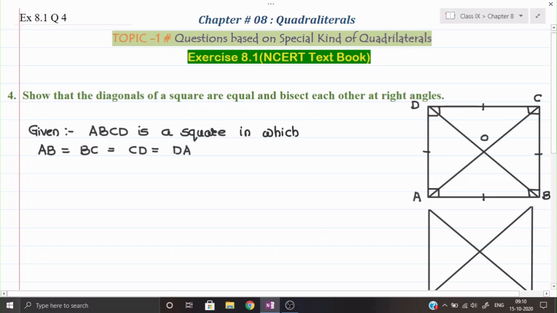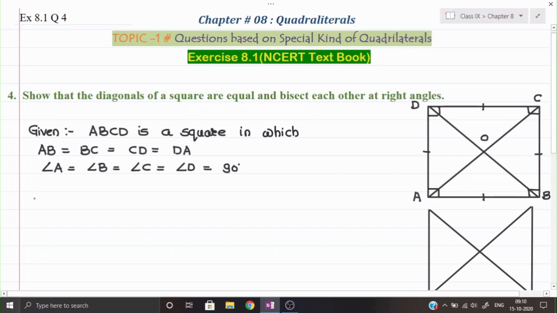That is one thing we have given. Second thing, angle A is equal to angle B is equal to angle C is equal to angle D is equal to 90 degrees. This is the second thing we have given.